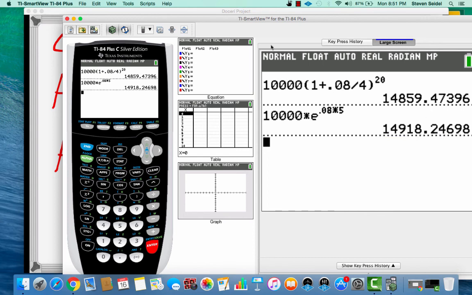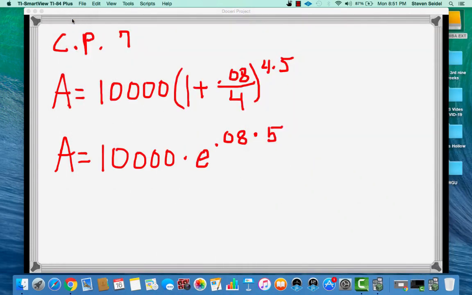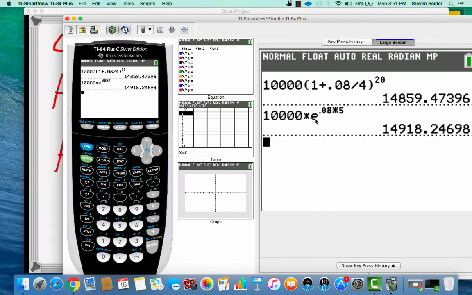Here's what that looks like if you set it up on your own. Pretty simple. I got my A equals principal times E to the 0.08 times 5 power. You can actually just type that in.